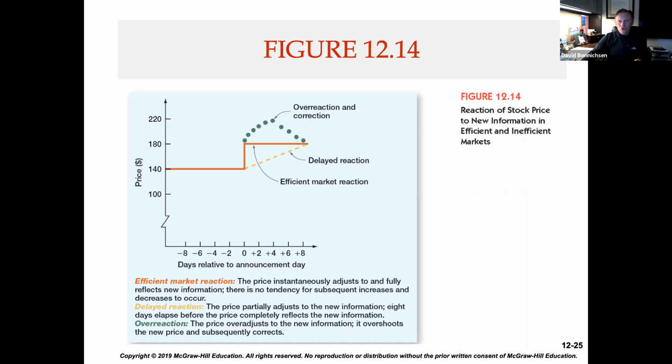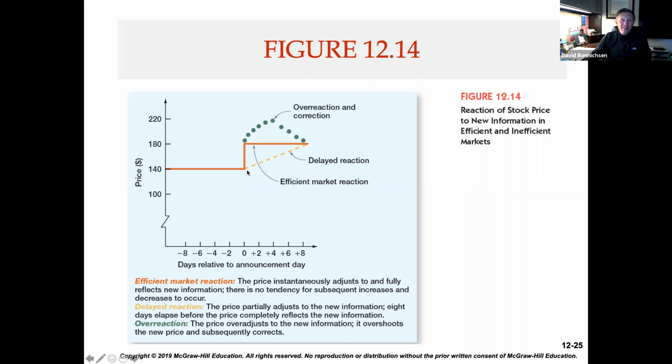So we have this overreaction, and we see it all the time in the markets. And then in the days after the announcement, as the news starts to settle in, the price reverts back to what we believe the fair value of the investment is. So you get this overreaction and then a correction in reality.